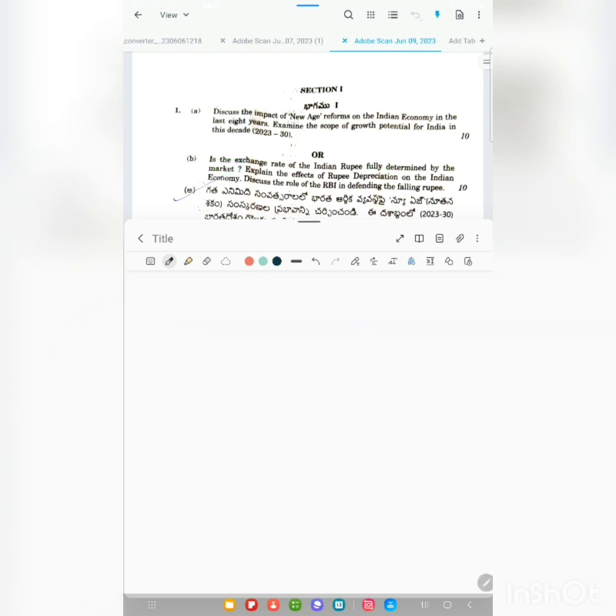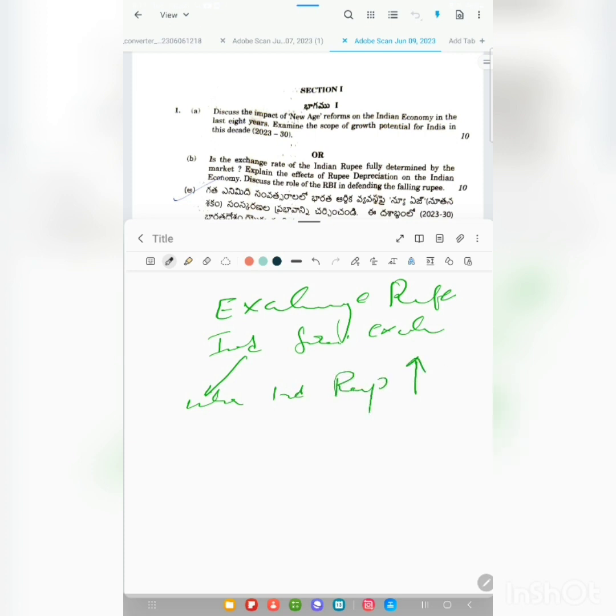We know that the exchange rate is not fully determined by the market, so we start the answer by saying that India follows a free floating exchange rate system. Whenever the demand for the Indian rupee increases, the value of the Indian rupee goes up.